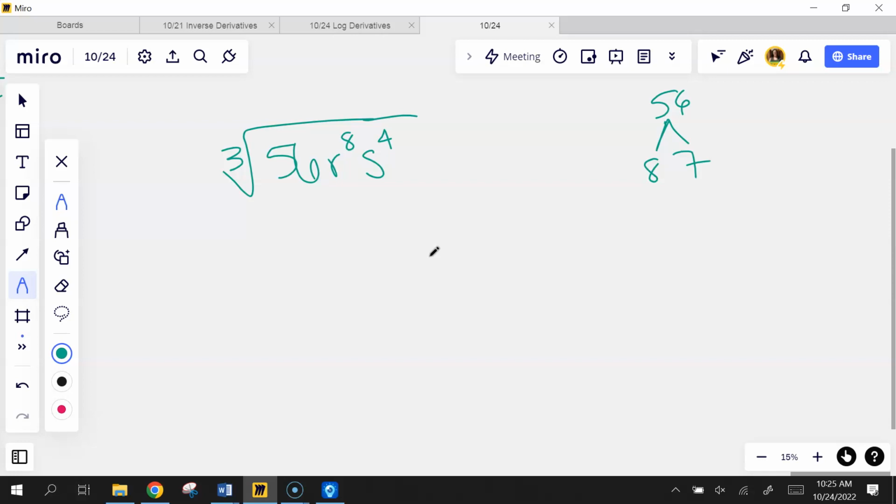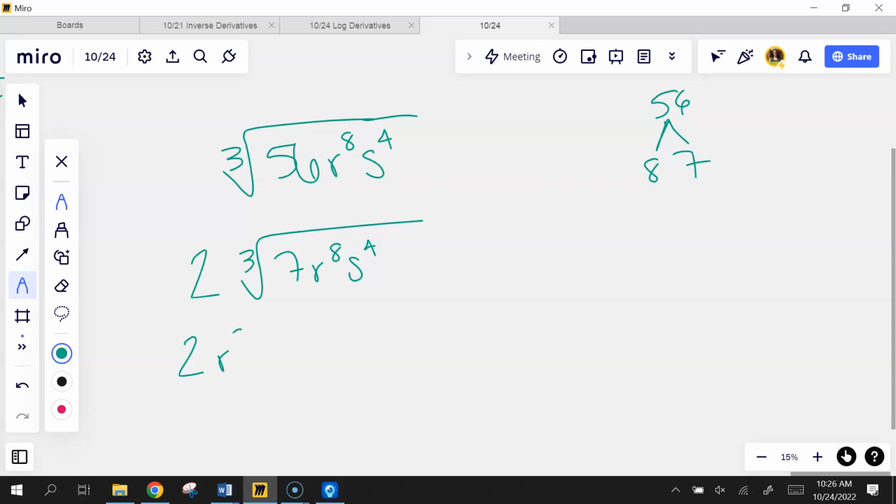8 and 7. That gives me a 2 outside and a 7 inside, right? Now let's look at the variables. 3 goes into 8 how many times? 2 times.